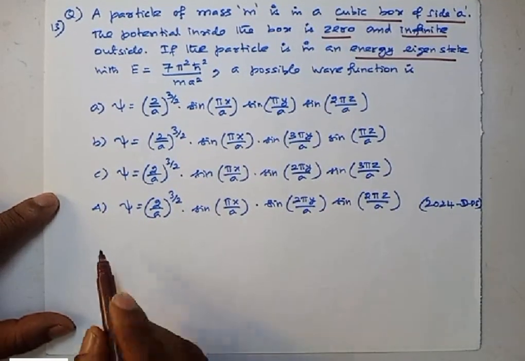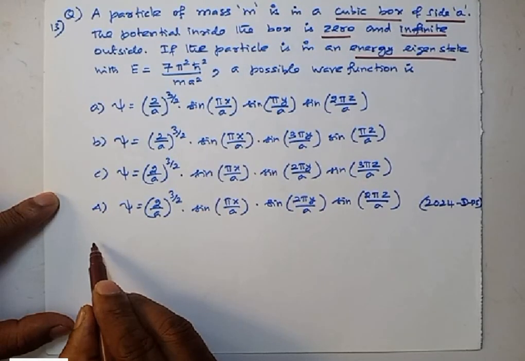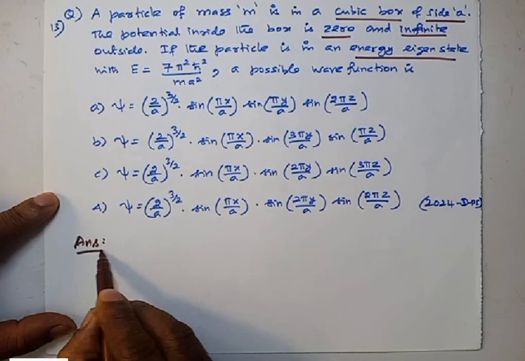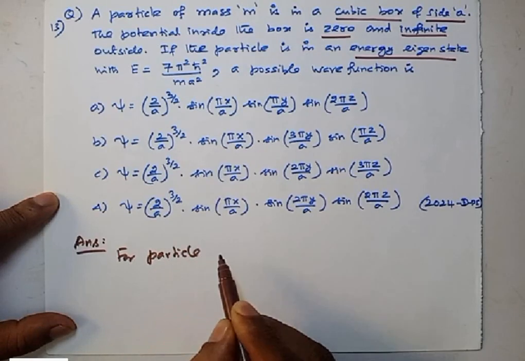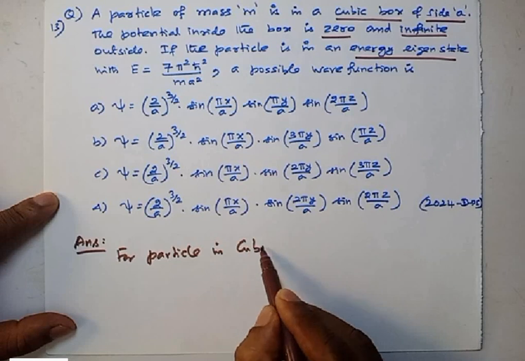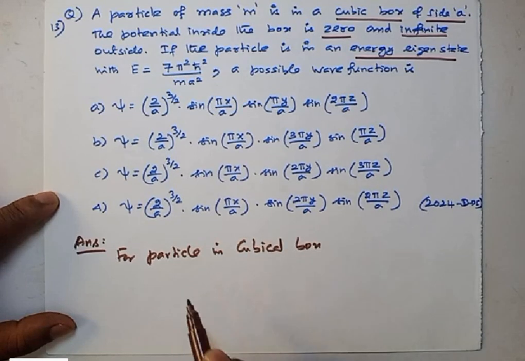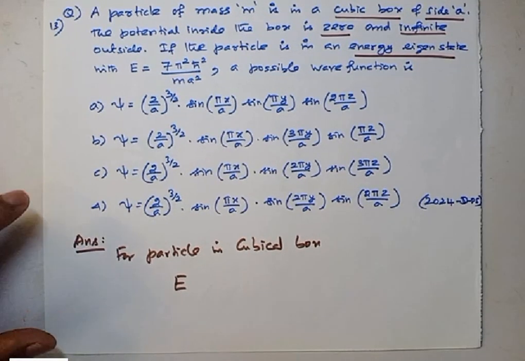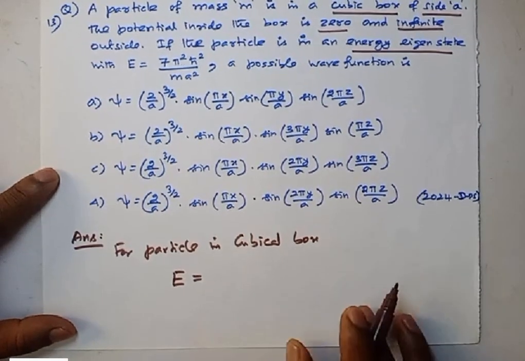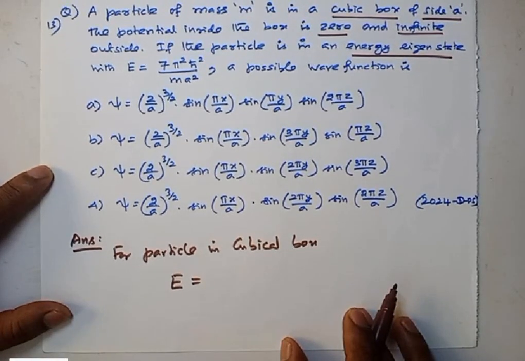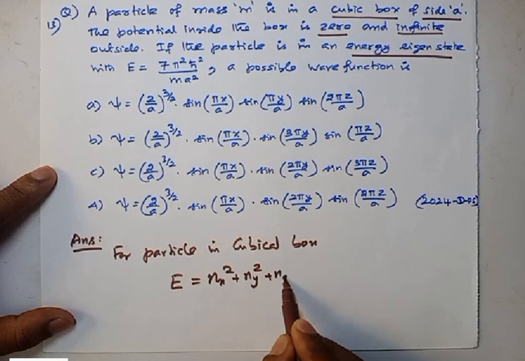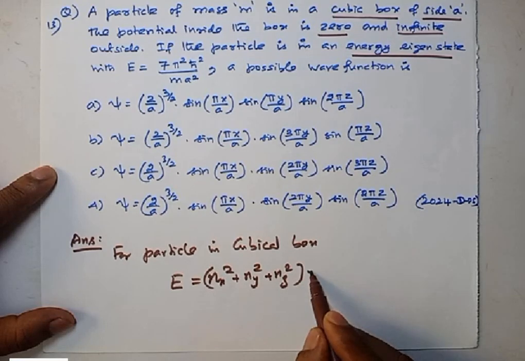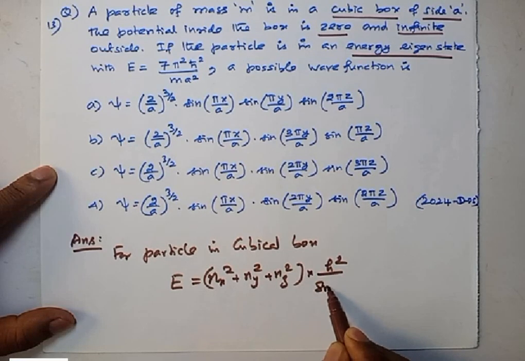Okay. Listen, for particle in cubical box, the energy formula we write is E equal to (nx square plus ny square plus nz square) times h square by 8ml square, correct?